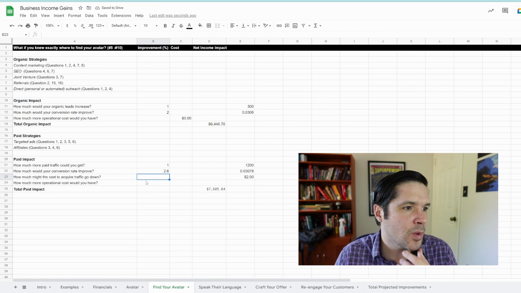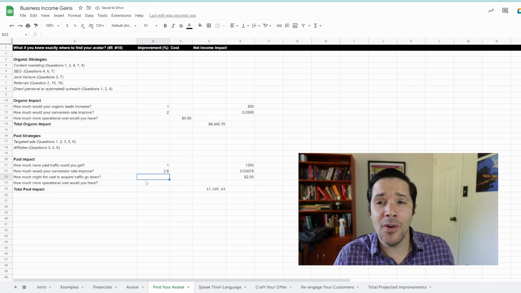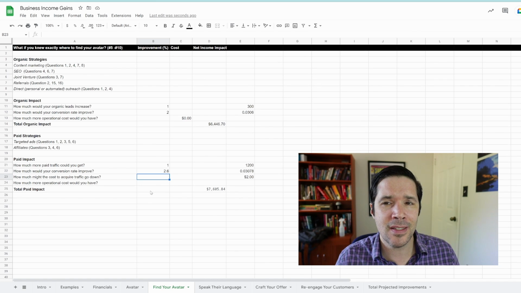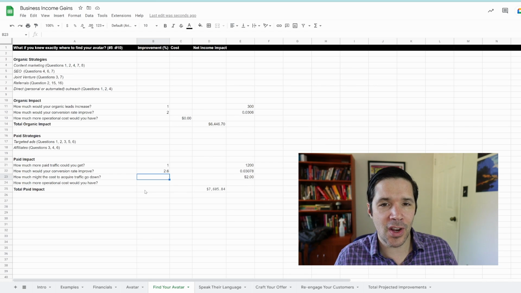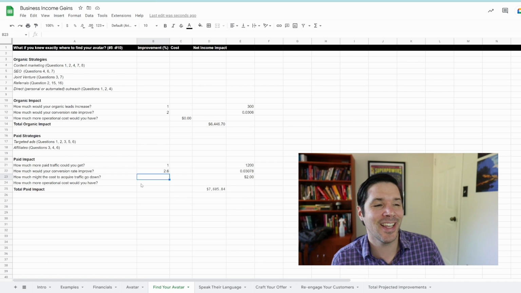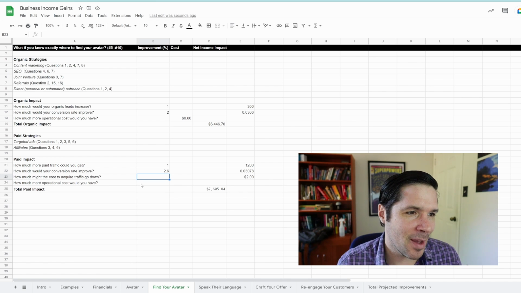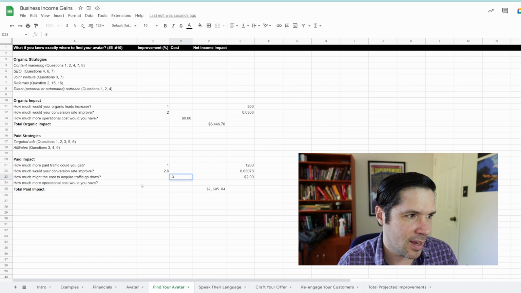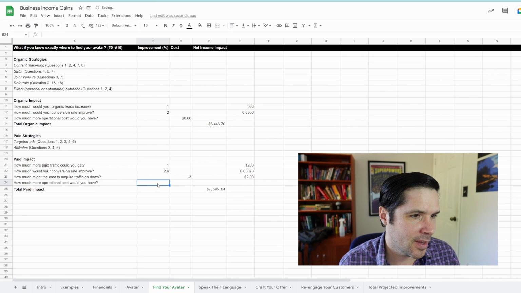Would the cost to acquire traffic go down? Now, I'm thinking ads on Spotify, and I don't know how much they cost, but I get the feeling that actually, if I really thought this through, the 2% was like a cost per click model, and that's actually a cheap cost per click. What would happen if the cost of these ads went up?